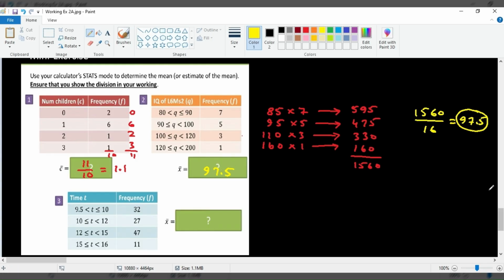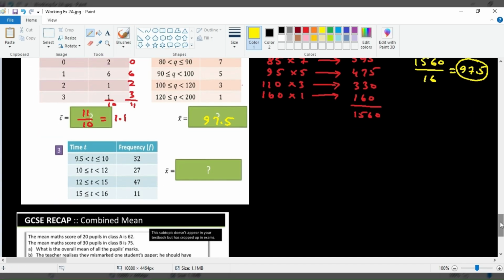Now, next part for this one, 9.5 to 10 is going to give us 9.75 for the first one. 9.75 should be the midpoint. For the next one, it is between 10 and 12. Of course, it's number 11. And for the next one, 13 is going to be the number. And for the last one, 15.5 is going to be the midpoint.